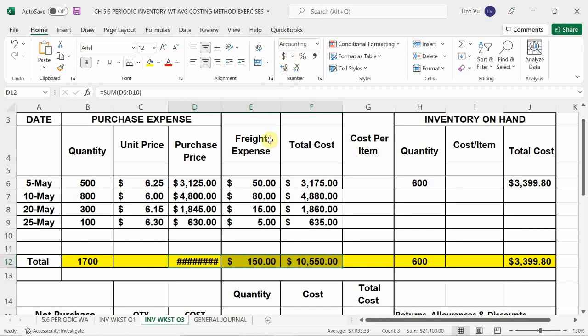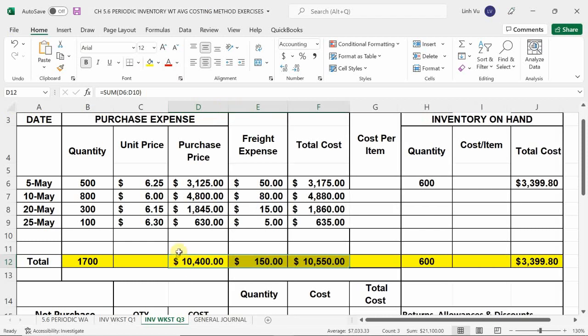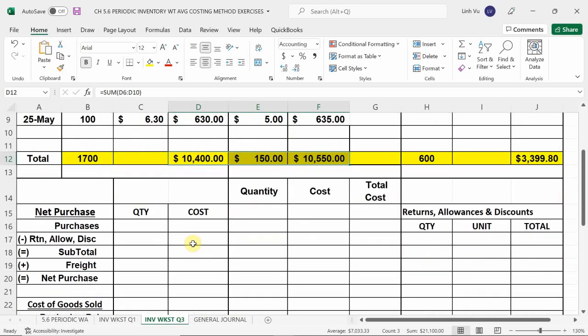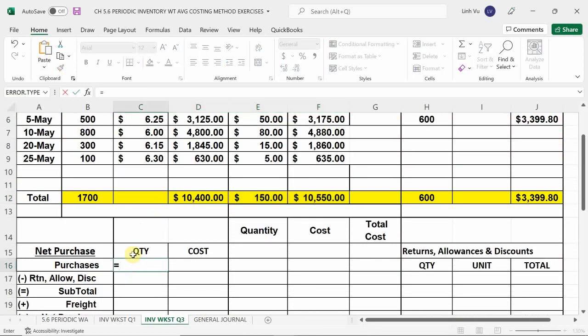Now in this case, I cannot put my average cost here because I have beginning inventory. So I'm going to put it down below in my bottom portion of the table. So let's plug our values in, right? We purchased 700 units at $10,400. No purchase returns or allowances, okay?